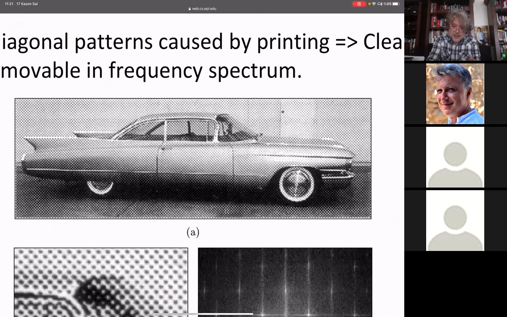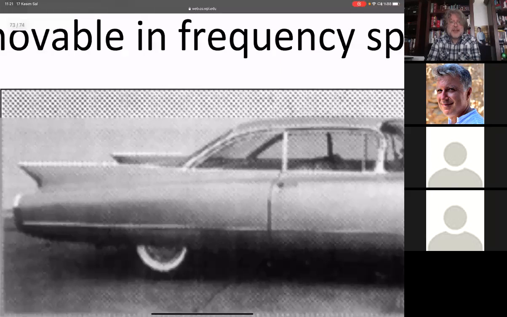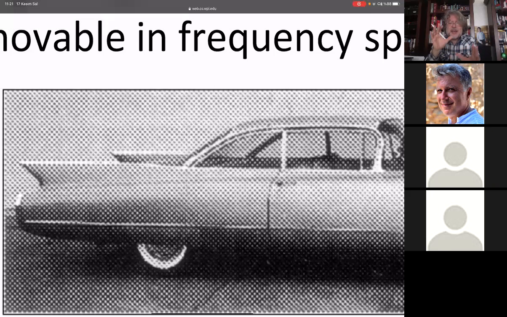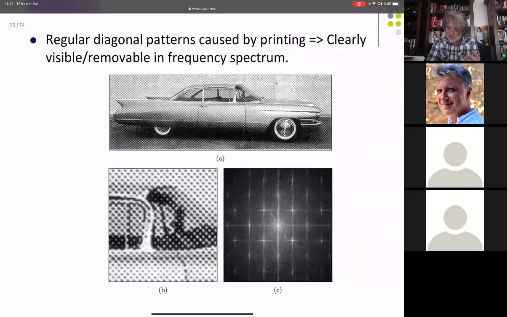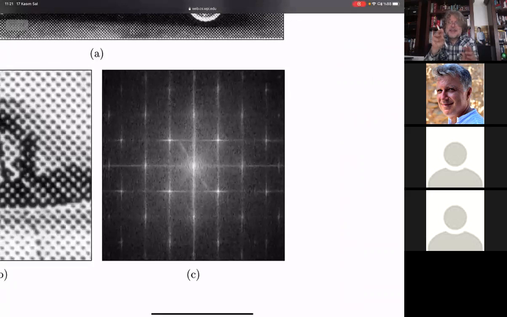For example, the background of the car is actually a light gray, but that light gray could only be obtained using black pixels and white pixels, because that's what a dot matrix printer does, to give it an average light gray. But because of that matrix pattern, if you try to take the Fourier transform of it, it looks like figure C. You see those peaks of pattern, dot pattern, due to printing.